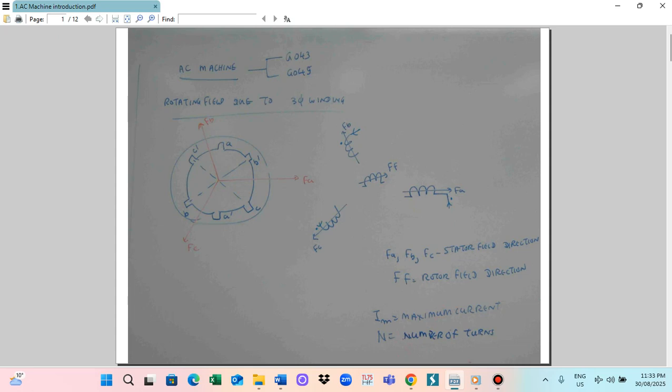So voltage is produced in the stator field and rotor field according to this direction. Now because of this, we can calculate the force direction.